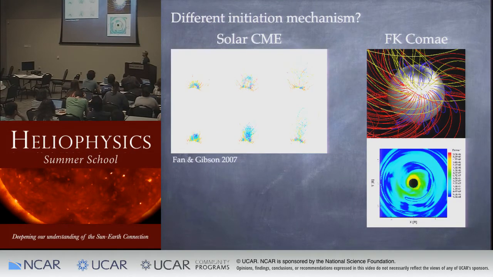Now let's talk about different initiation mechanisms for CMEs. The conventional solar CME model is the so-called slinky model. We have a flux tube that is being twisted by some kind of motions at the foot points, surface motions, that stores magnetic energy in the flux rope.